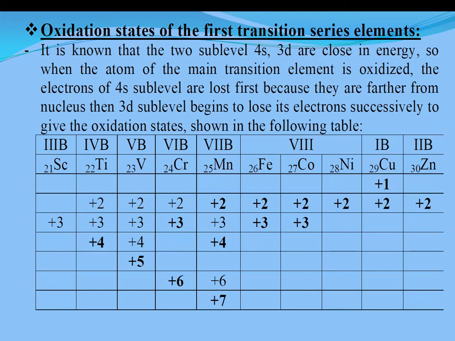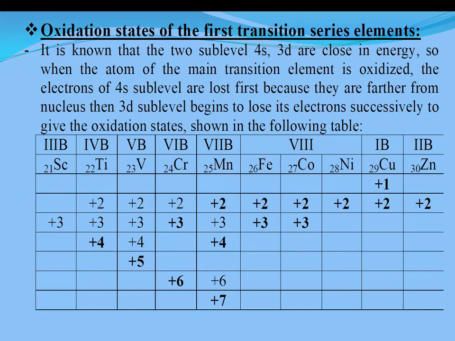So when an atom of a main transition element is oxidized, the electrons of the 4s sublevel are lost first, because they are farther from the nucleus than 3d. After that, it begins to lose the electrons of 3d to give the oxidation states shown in the following table.